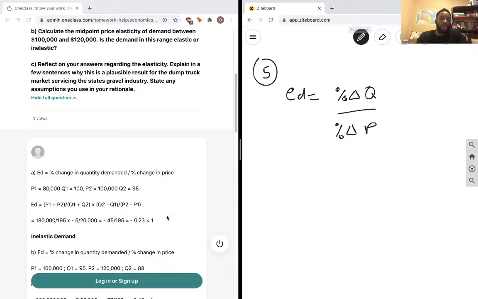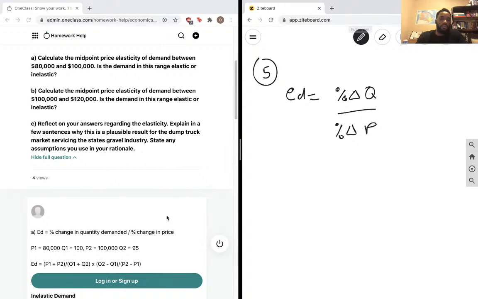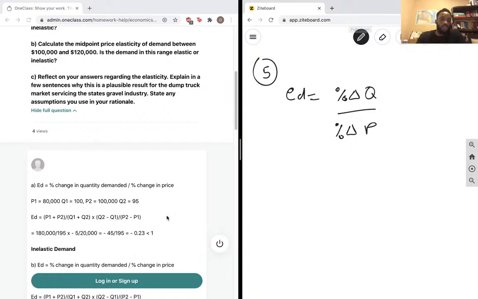So our demand would be inelastic here because it is less than 1.